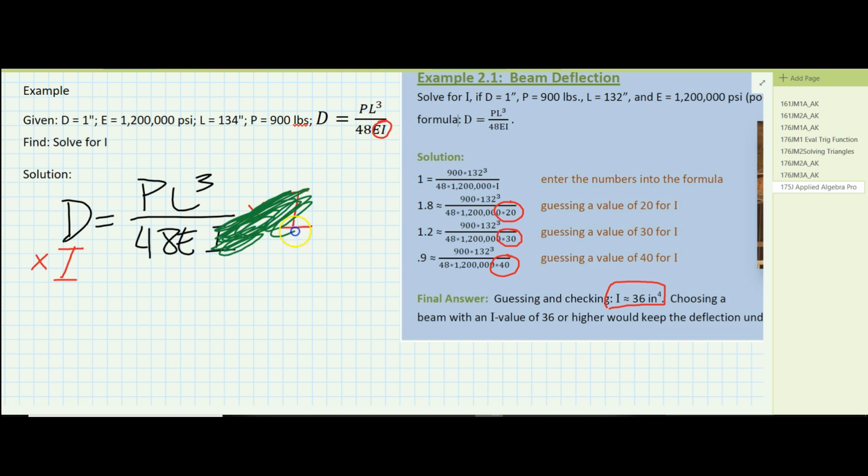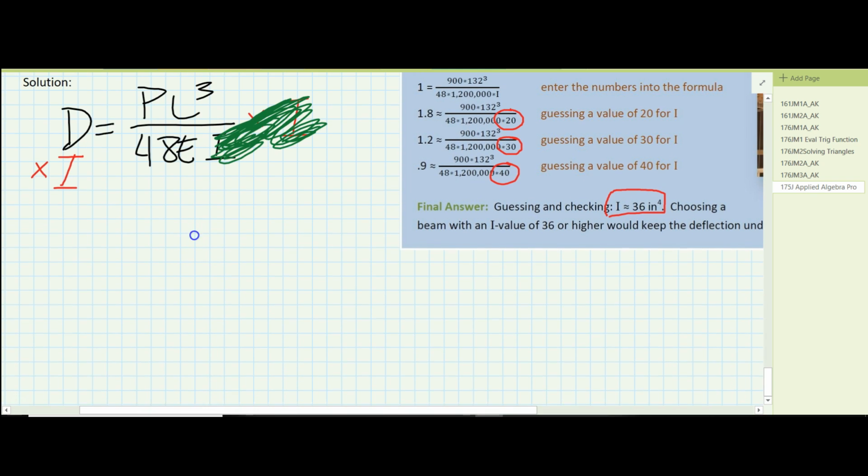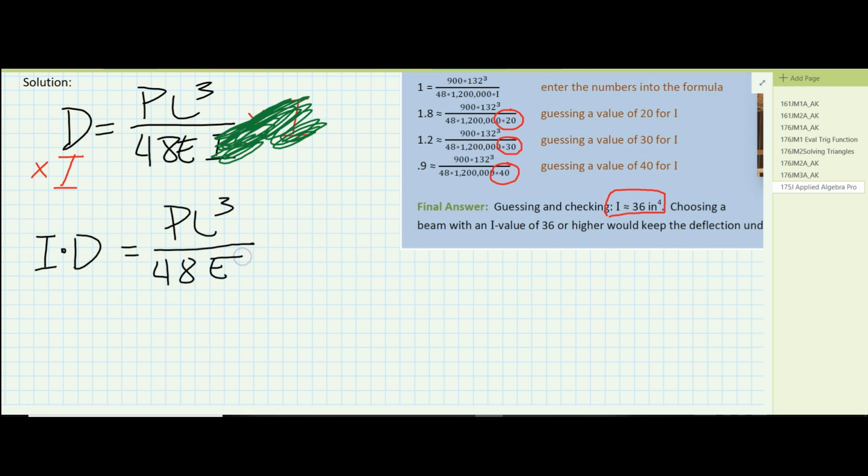Because if we divide by I and then multiply by I, those cancel out. And then on the left side we are multiplying by I, so we end up with I times D equals PL to the third over 48 E.